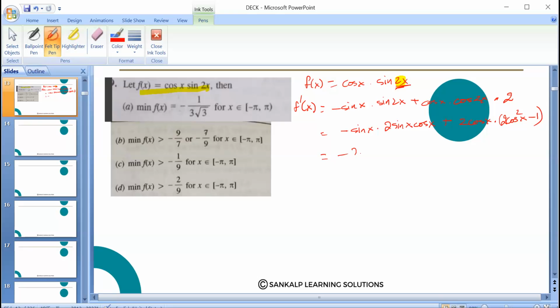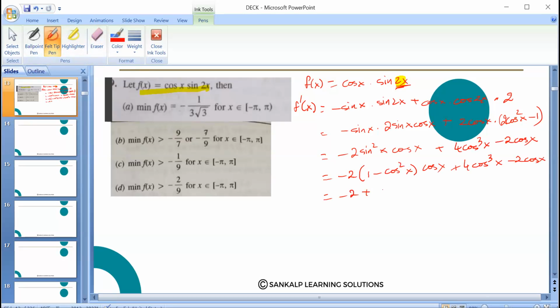Or we can write minus 2 sin square x cos x plus, we can multiply, 4 cos cube x minus 2 cos x. So sin square x, I can write 1 minus cos square x into cos x, plus 4 cos cube x minus 2 cos x.